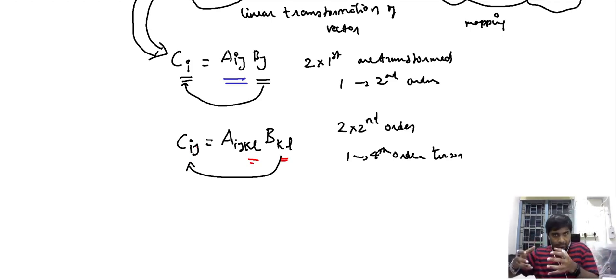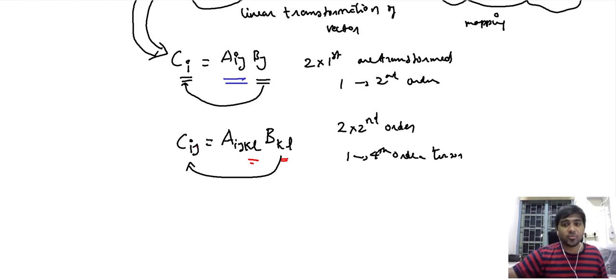When you want to map a first order tensor to another first order tensor, you need a second order tensor, and that's why we have aij. On the other hand, when you want to map a second order tensor to another second order tensor, what essentially we need is a fourth order tensor. So we need to take the product between the fourth order tensor and the corresponding second order tensor.